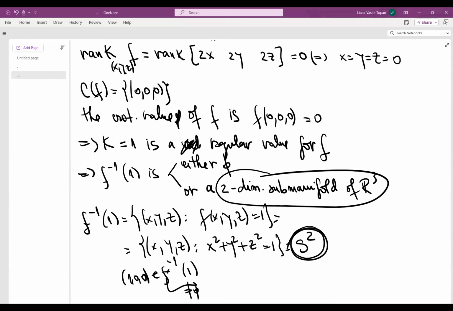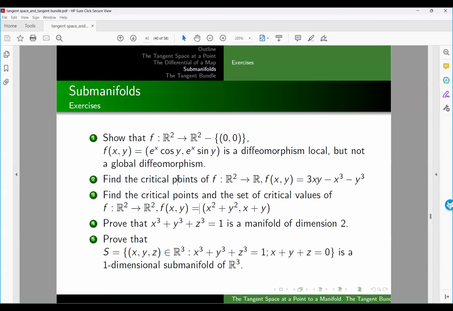So the two-dimensional sphere is a two-dimensional submanifold of R cube. It's a nice way to find submanifolds. You see, submanifolds are manifolds themselves. So we can draw the conclusion that this S2 is a manifold of dimension 2, 3 minus 1. Okay. Now, same for question 5.